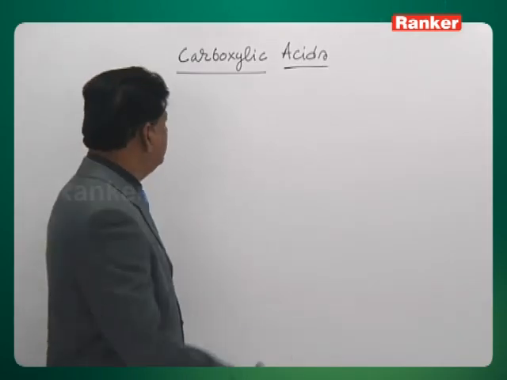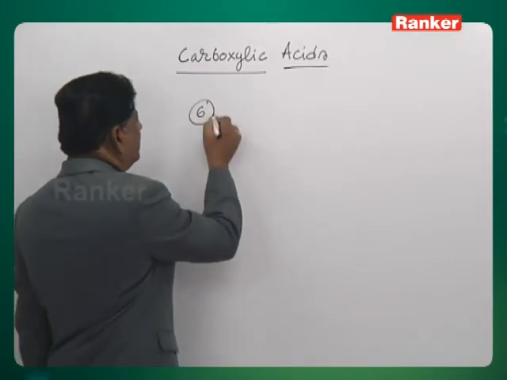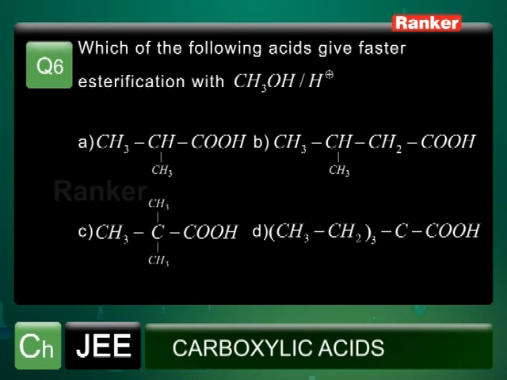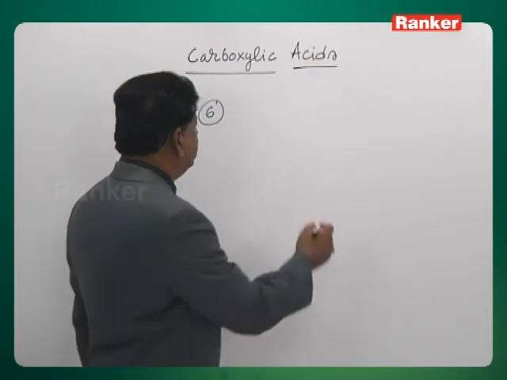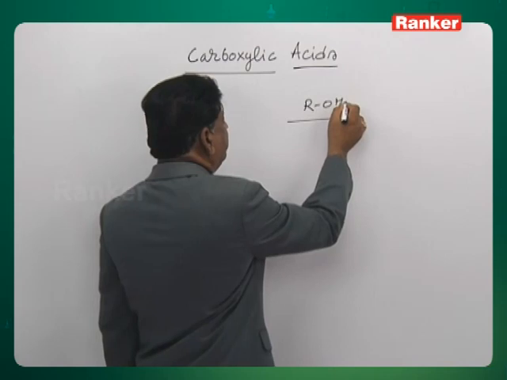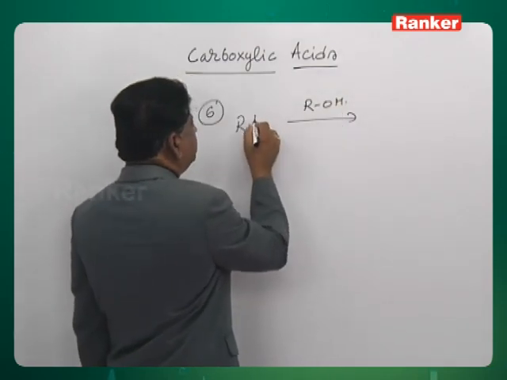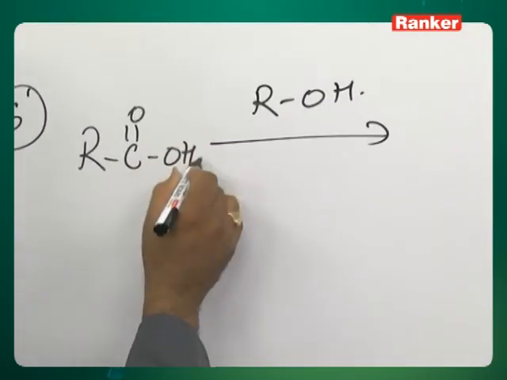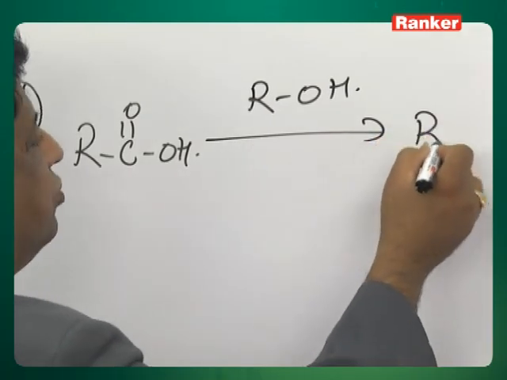Let us go for question number 6. In the sixth question, which of the following acids gives faster esterification with the given methyl alcohol? The alcohol is given as standard, but the acids are different carboxylic acids. A carboxylic acid reacts with this alcohol and gives the ester.